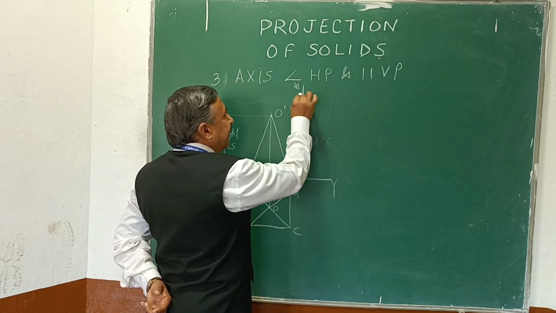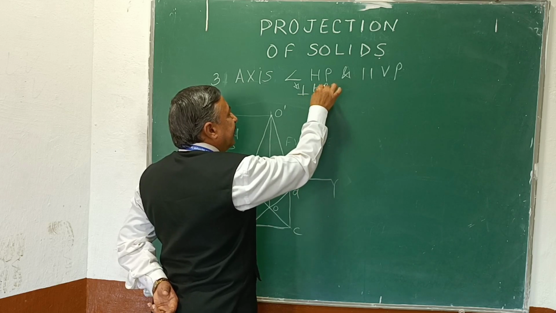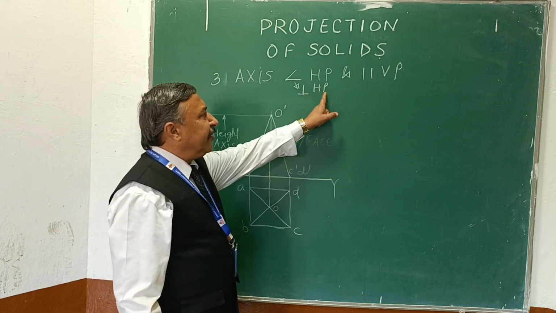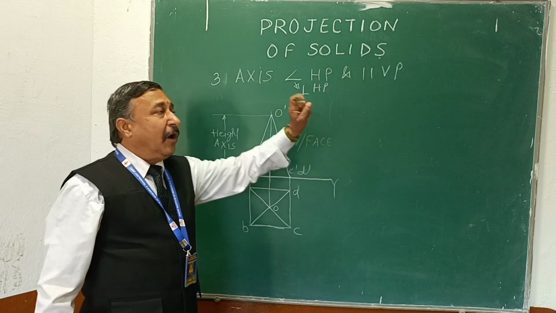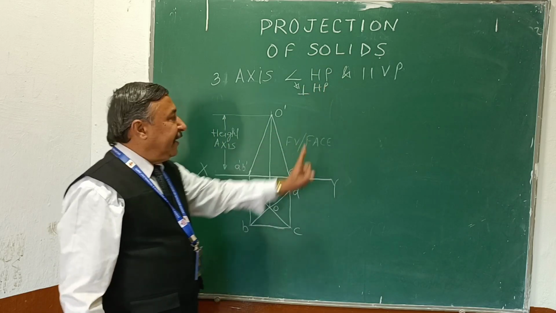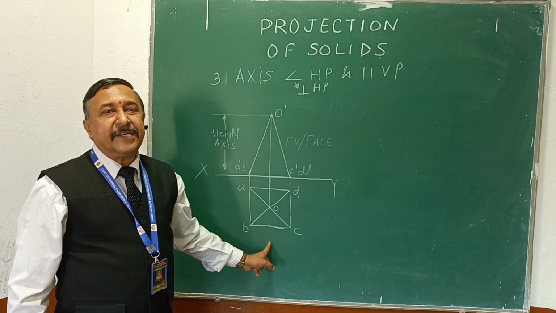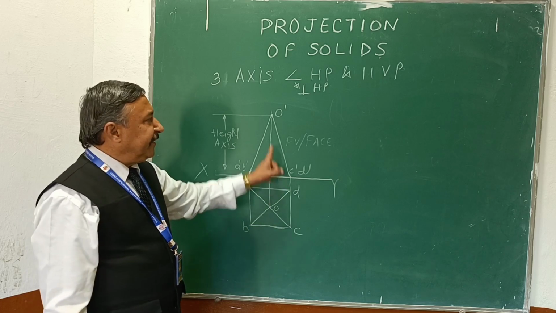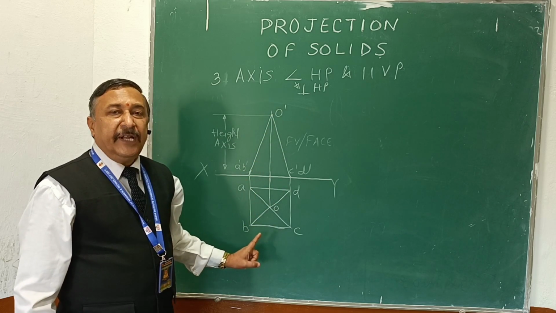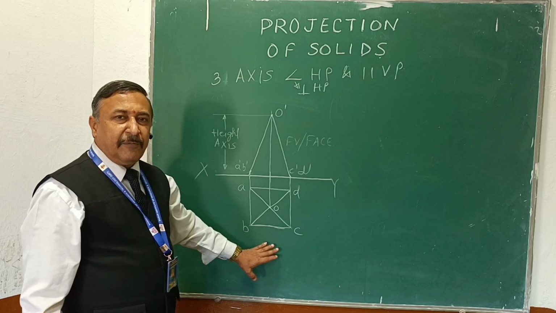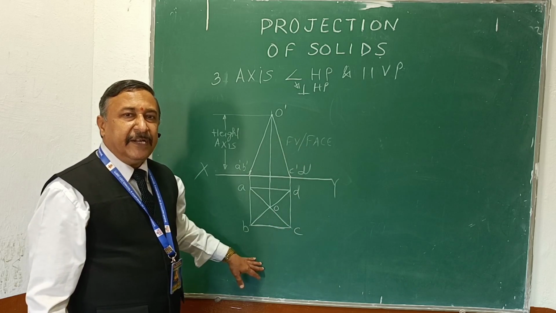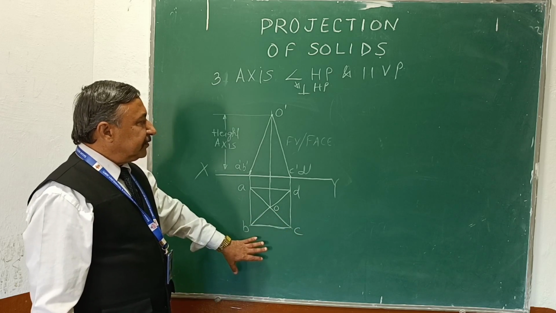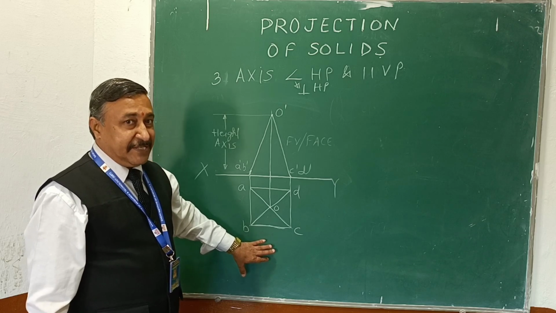Our first initial position is perpendicular to HP and parallel to VP, as we have drawn last time. So this same position we draw first. This is axis perpendicular to HP. We take the first problem of pyramid and next we will take the second problem, that of prism. So this is the basic position first.